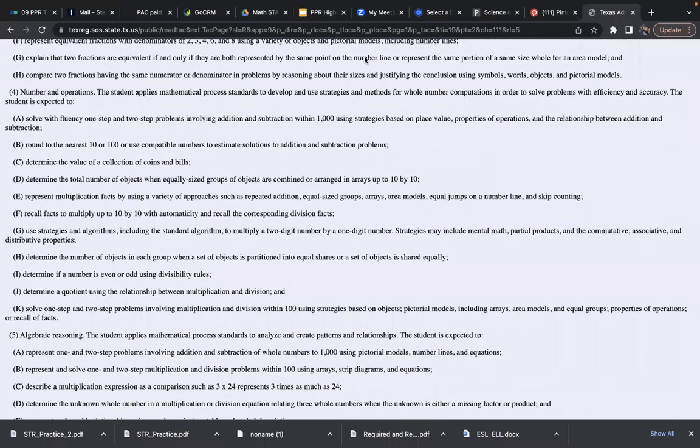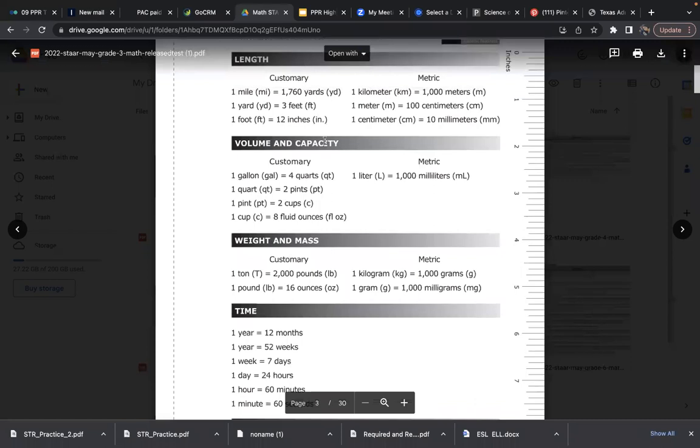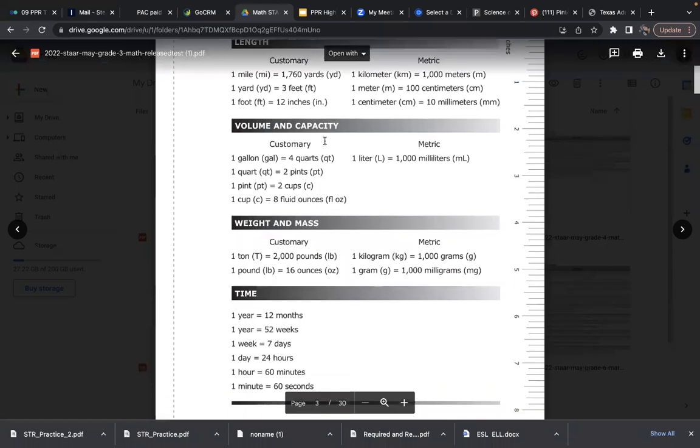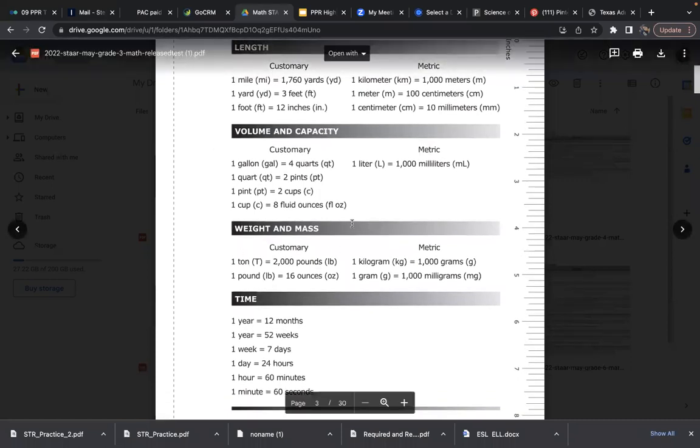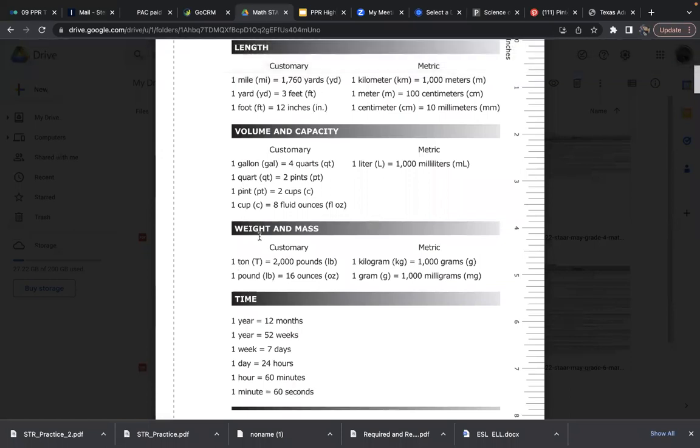So for this exam, obviously, the third grade math is going to be more simplistic. In third grade, we're also checking their understanding a little bit of kindergarten stuff. They should know that.